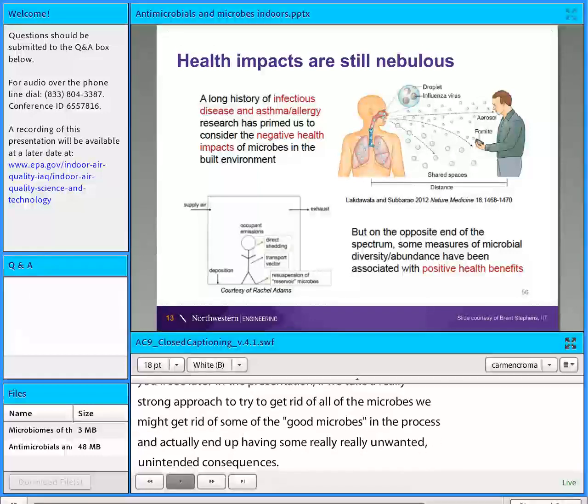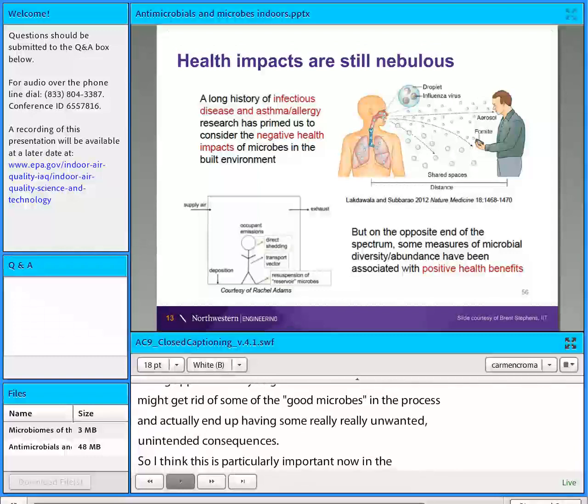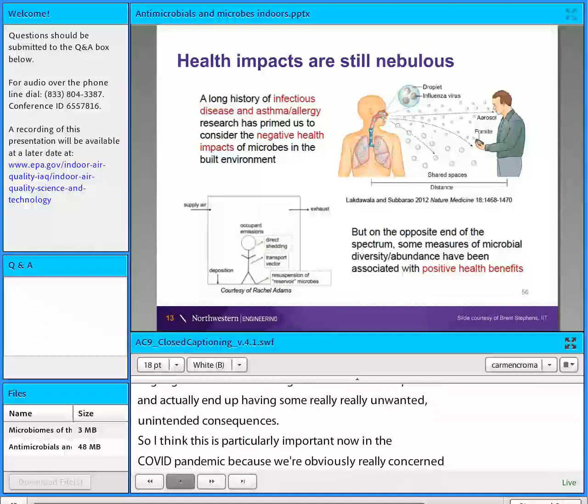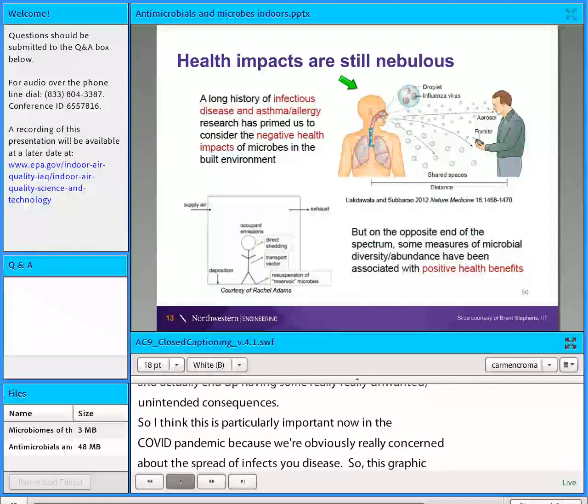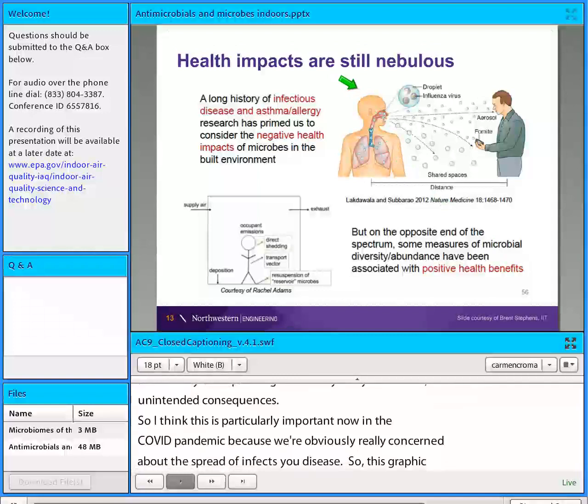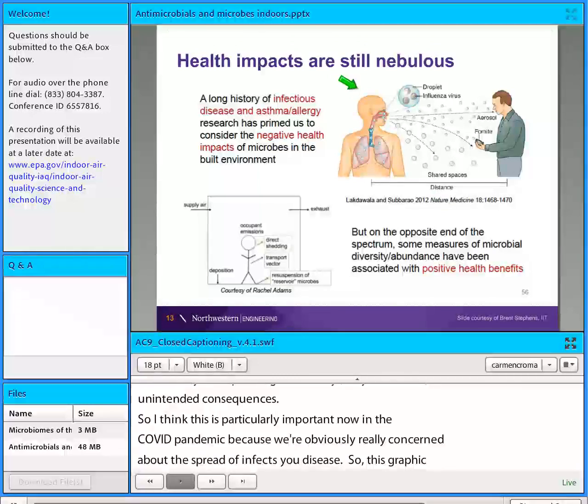So I think this is particularly important now in the COVID pandemic because we're obviously really concerned about the spread of infectious disease. This graphic here, believe it or not, is not very recent. It's from 2012. I mean, I guess it's kind of recent.